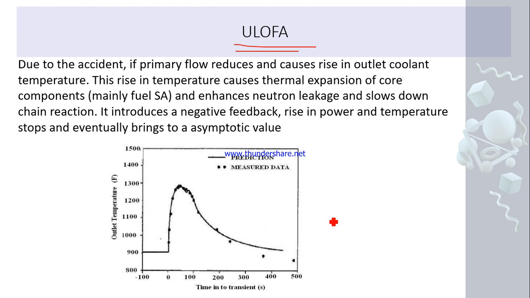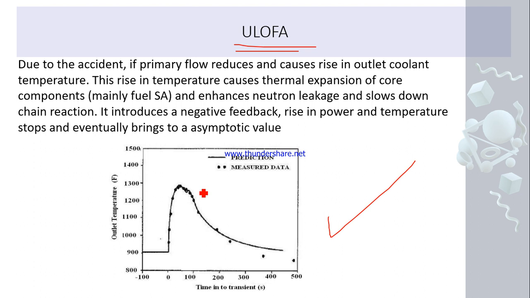So this phenomenon is called ULOFA, and this straight line is the prediction from the numerical solution, plotted. On the x-axis is the transient time and this is the temperature. You see there is a shoot up of temperature when the primary flow is reduced.